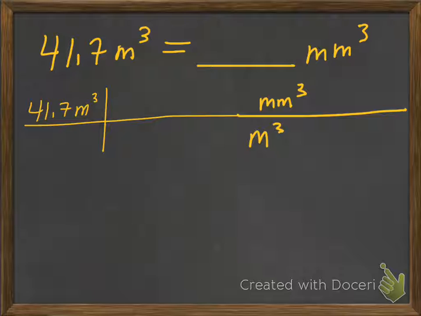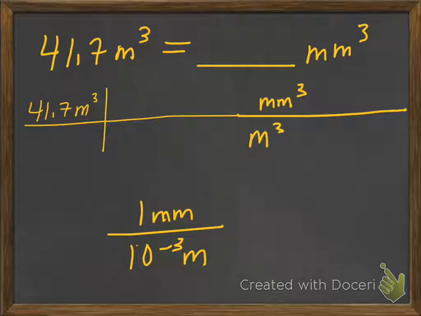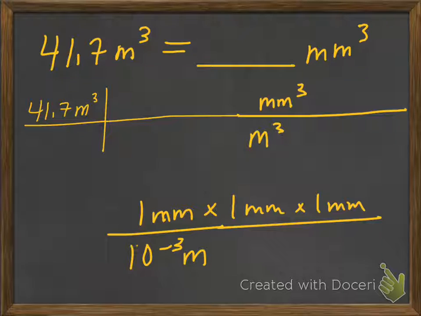Now, I know the following. 1 millimeter is equal to 10 to the negative third meters, which means that 1 millimeter times 1 millimeter times 1 millimeter is equal to 10 to the negative third meters times 10 to the negative third meters times 10 to the negative third meters. Negative third, sorry. I got all excited and I went straight to the cubed.